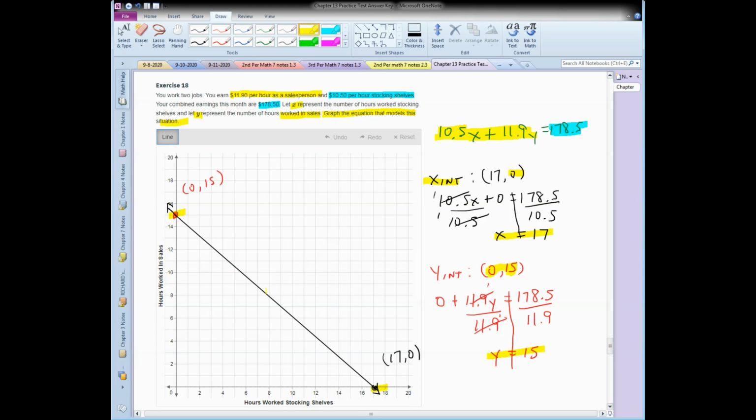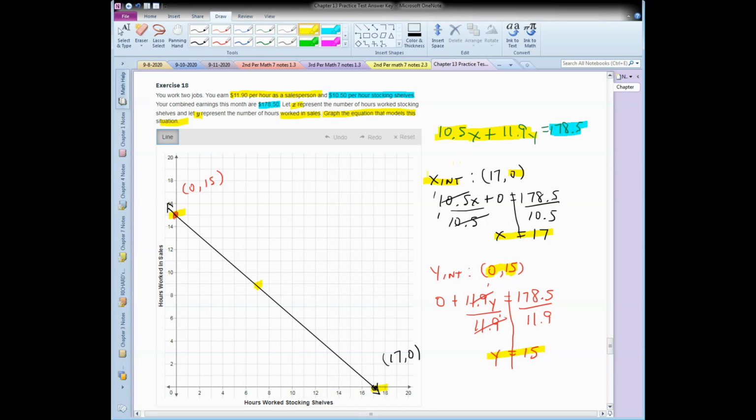It's hard to find one that's close where I could do this. Let's say here's a point that's close, right? That's kind of like maybe I work 7 hours stocking shelves and 9 hours as a salesperson.